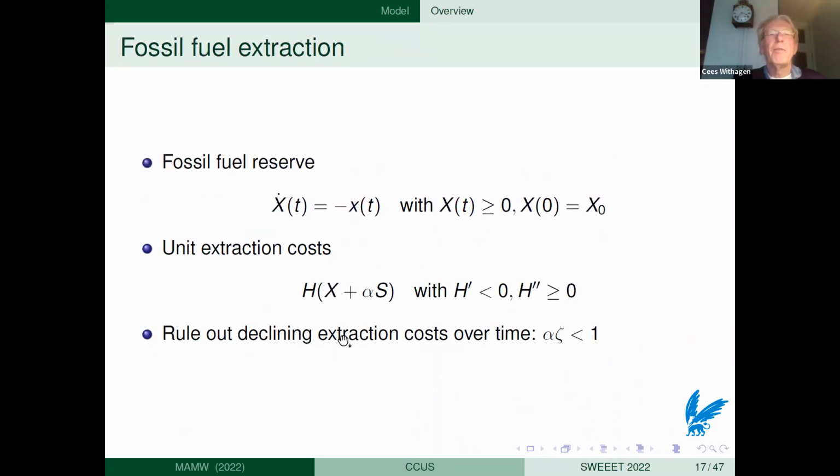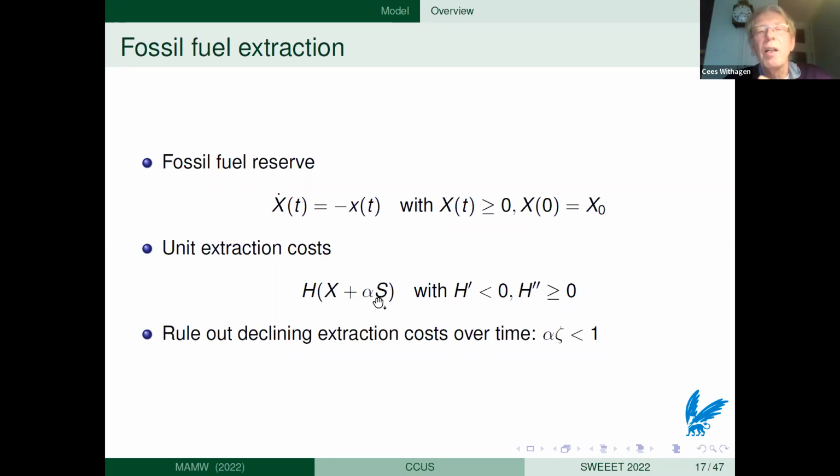So here we have the fossil fuel reserve. It declines according to the rate of extraction. And then an important aspect here is the unit extraction cost, which is given by H of X plus alpha S. So X is the stock of fossil fuel, and alpha S is a measure of the pressure that is caused by insertion of CO2.